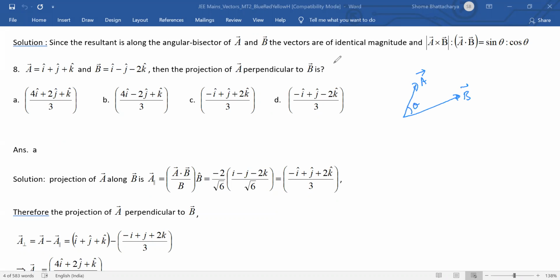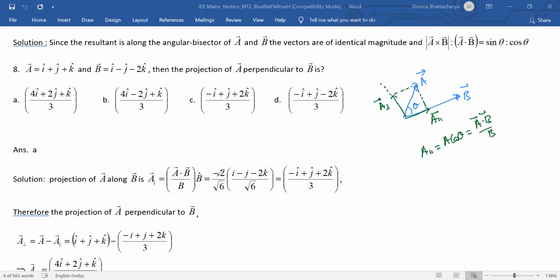So start by making the projection of A which is parallel to this, and then subtract that from this one and find this one. So you can see that A parallel has a magnitude A cos theta, that is A dot B divided by mod B.